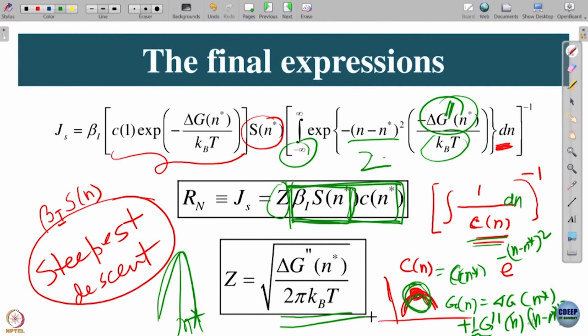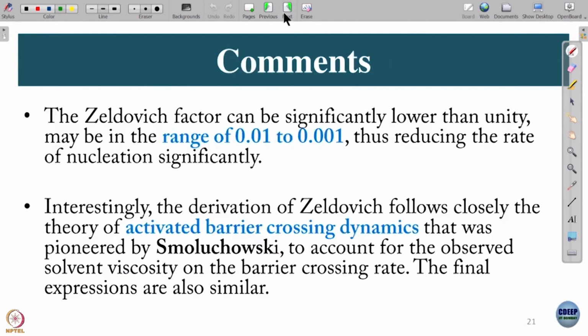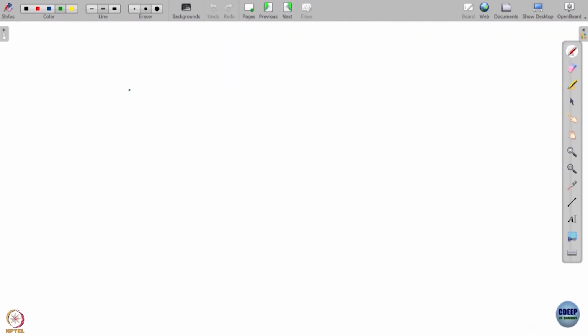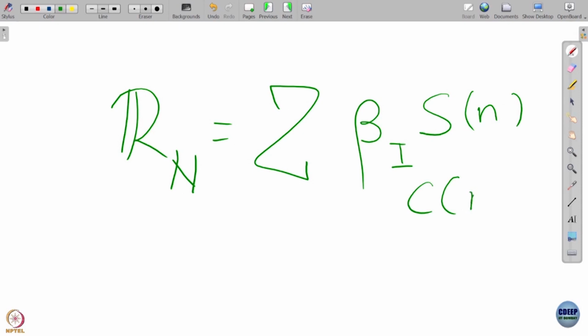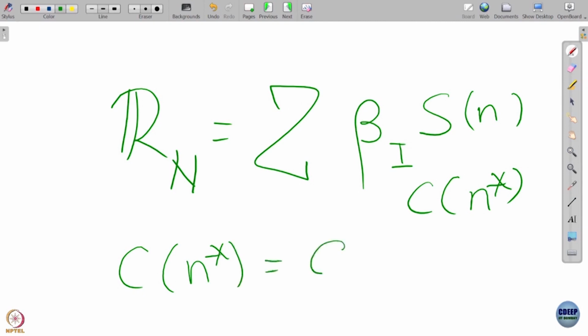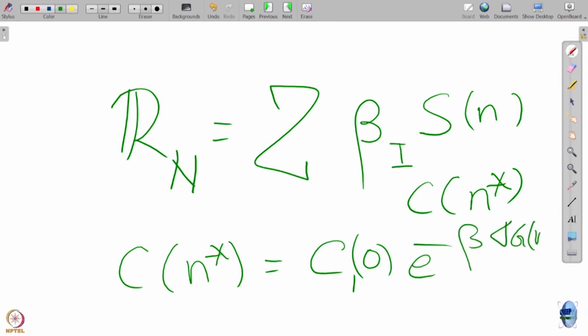So I now get this beautiful expression, the rate of nucleation. Everything is determined.